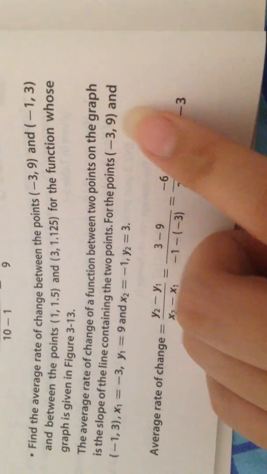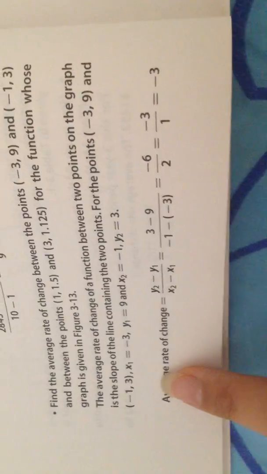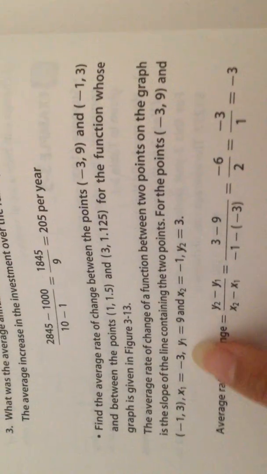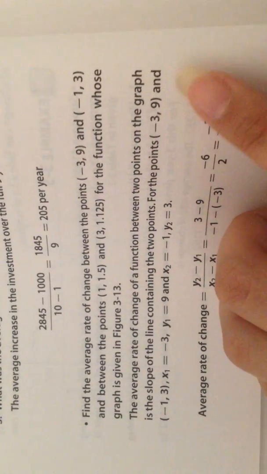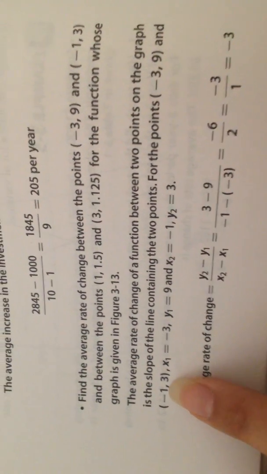Okay, so in the example over here, for the points -3, 9 and -1, 3, these are the 2 points. They want you to find the average rate of change for these 2 points. Well, this is x1, this is y1, this is x2, this is y2. You just plug them into these equations.